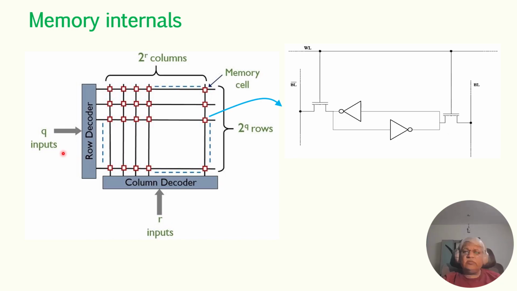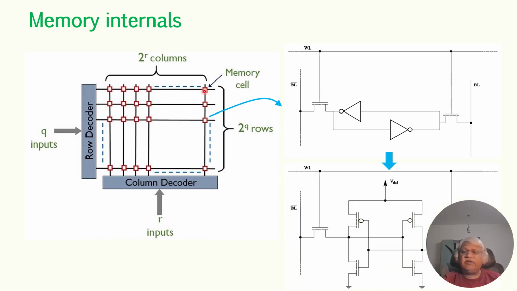So that is how the different memory elements can be accessed using Q inputs plus R inputs of the address. And this small element can be represented in this manner, and there are different variations of this. In the simplest form it looks in this manner.